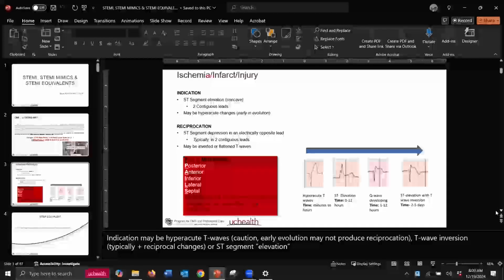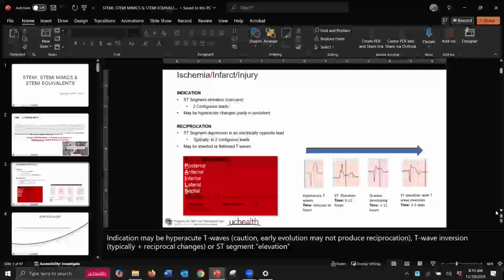Whether those are limb leads or precordial leads, we need that ST elevation. But more importantly, that has to be accompanied by reciprocation. And reciprocation is essentially the ischemic pattern that we're going to see in the reciprocal leads.